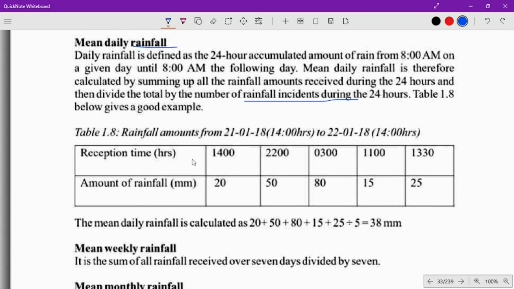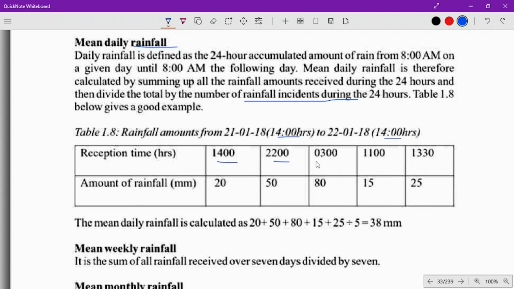So here is an example that we are going to use. During this day, on 21 January 2018, which is up to 22/01/18. So this is from 2 o'clock in the afternoon up to 2 o'clock in the afternoon the following day.